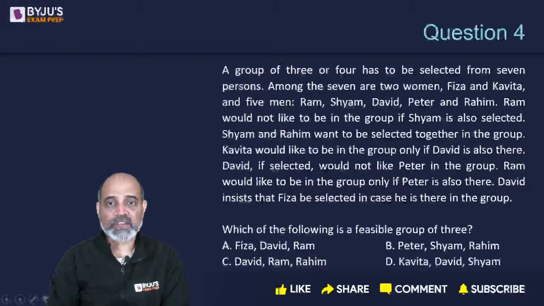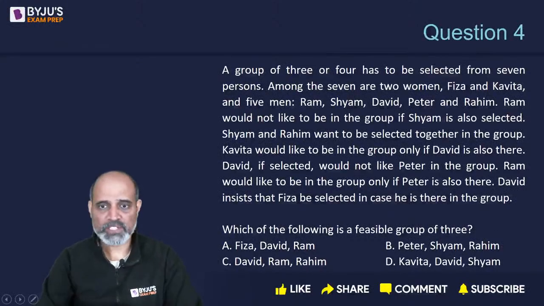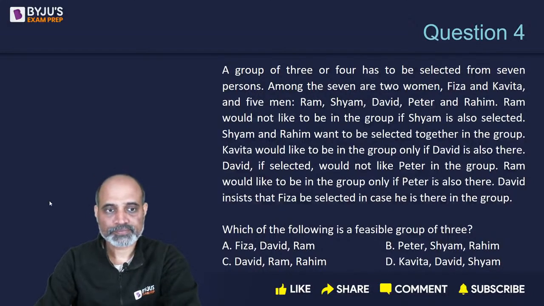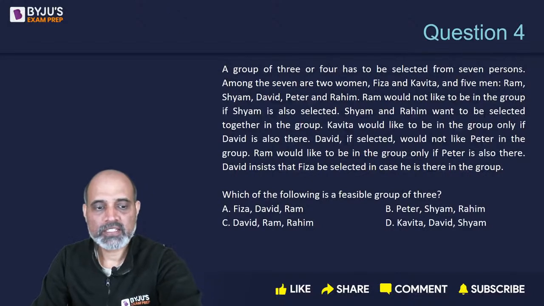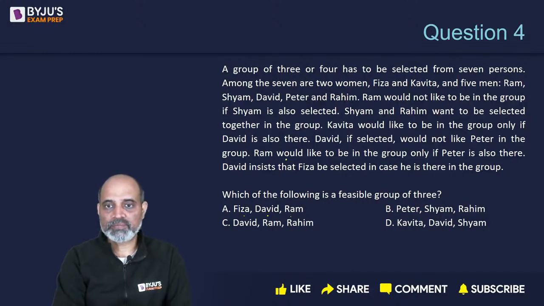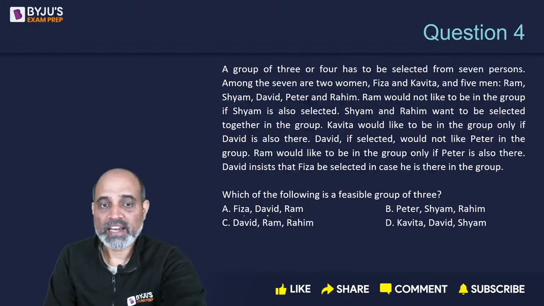Okay. Next one, same sequence, but we need to find a feasible group of 3 people now. So I will decrease the font size. Which of the following is a feasible group of 3? Fiza, David, Ram. About Ram, we have seen that if Peter is there, Ram would like to be in the group.